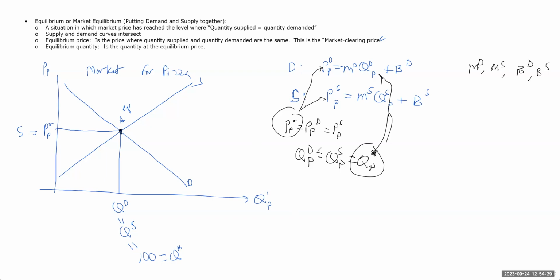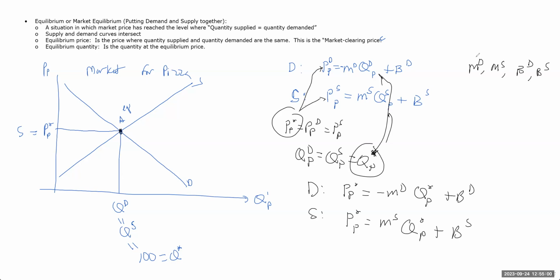And I'm going to plug that into here. Then when we rewrite the demand in equilibrium, we have P star equals negative M_D Q star for pizza plus B_D. And we also have for the supply, P star for pizza is equal to M_S Q star for pizza plus B_S.